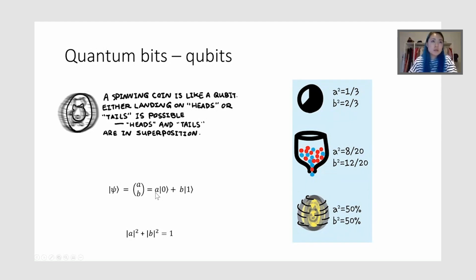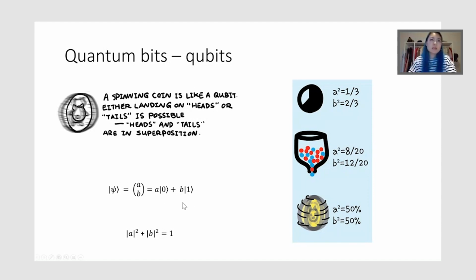The probability of the whole system being in 0 is given by these amplitudes: A squared is the probability of the state being in 0, and B squared is the probability of the state being in 1. Those are both possible outcomes, possible states that this quantum system, the qubit, can be in.